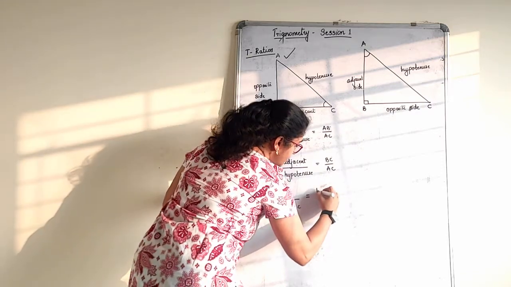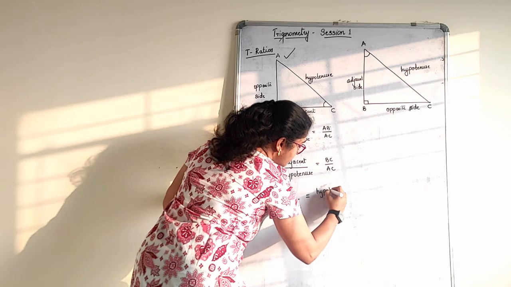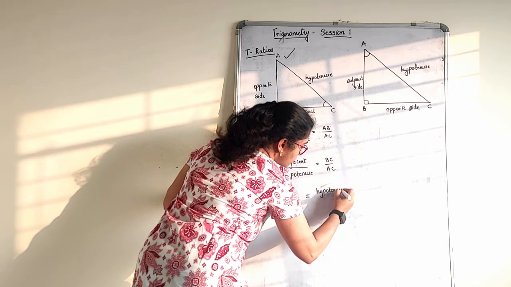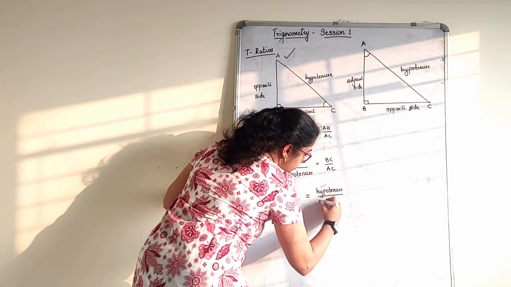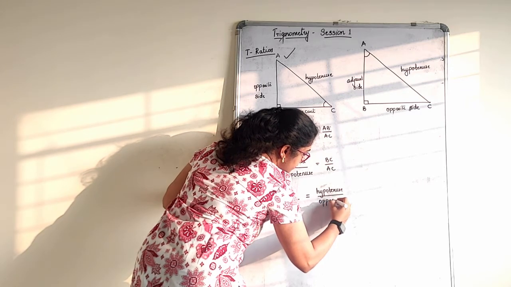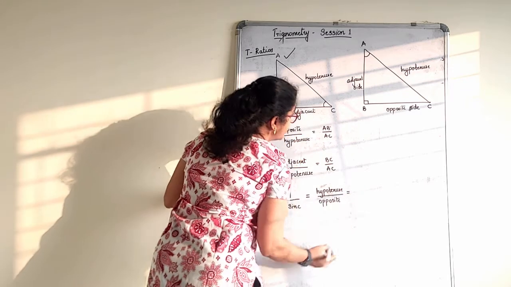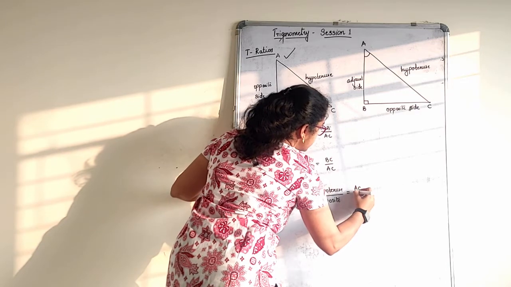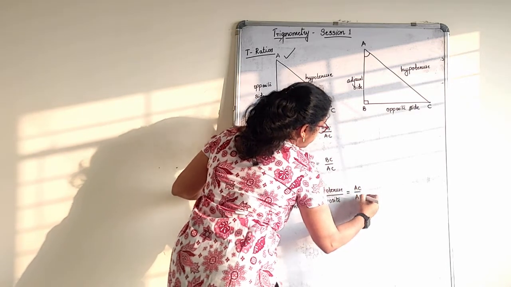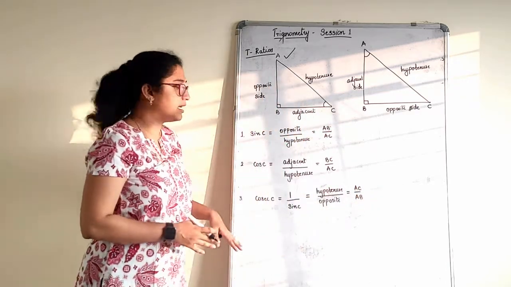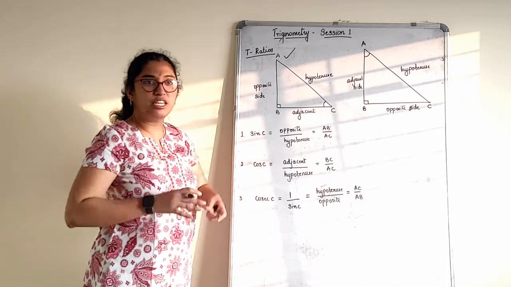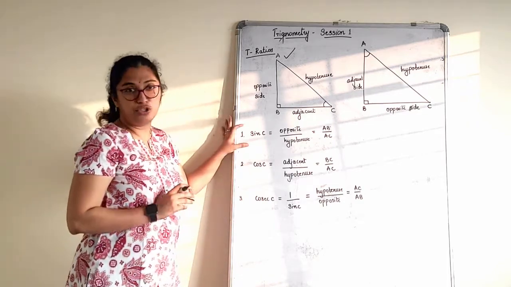It is hypotenuse upon opposite, which is nothing but AC upon AB. I don't think you have to look into the figure anymore now. You are done. You can write each and everything from this sine that you have got.